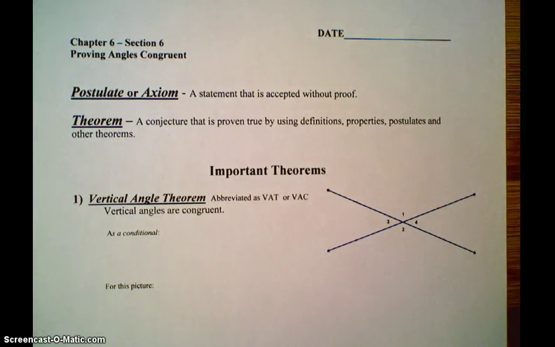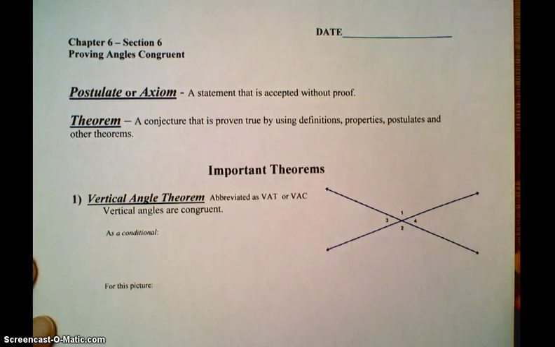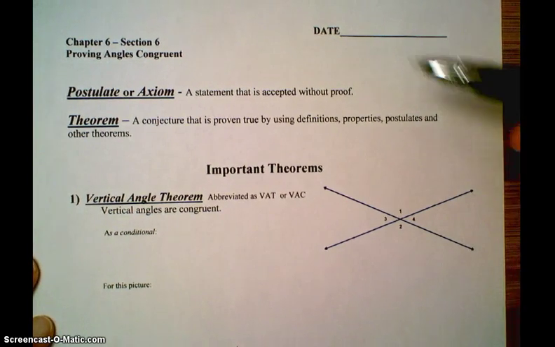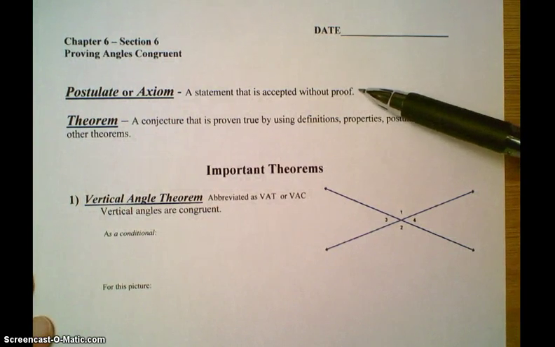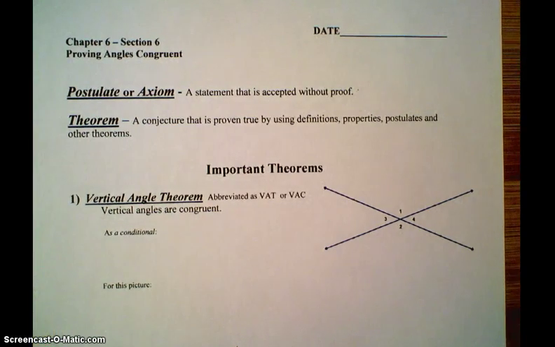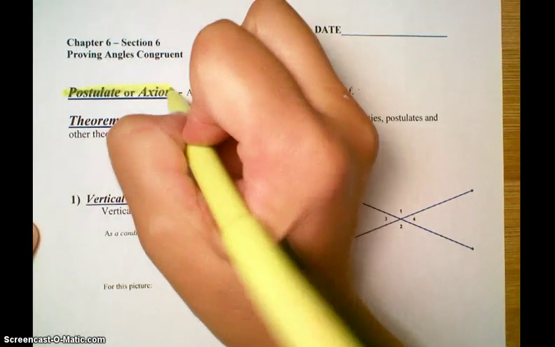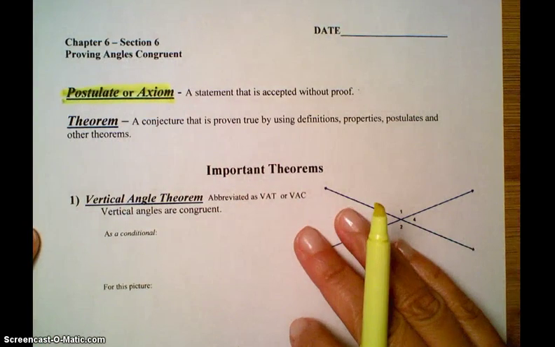Hi, we are here with Chapter 6, Section 6, Proving Angles Are Congruent, and we'll be delving more into writing out proofs. A couple things as a reminder: an old definition, a postulate or axiom, is a statement that is accepted without proof, and then our new information, which is a theorem.